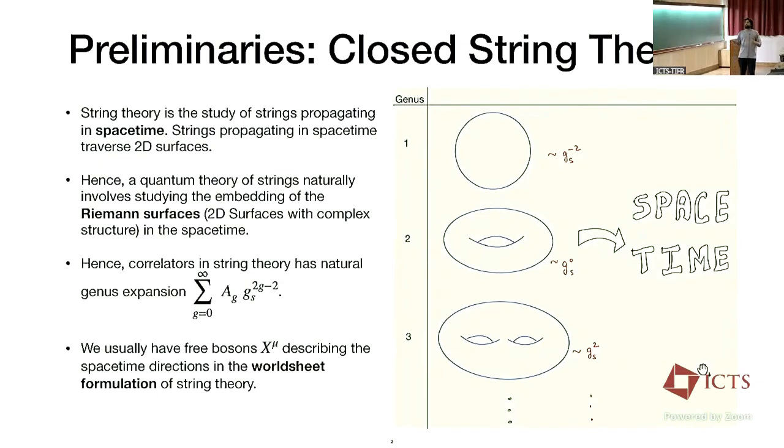So these X^mu are functions of the world sheet coordinates on a 2D surface, and these describe the directions in the space-time. Hence we have an embedding of these surfaces in the space-time. Here you see a sphere, a torus, and a sphere with two handles. These all are getting embedded in space-time through these free bosons.